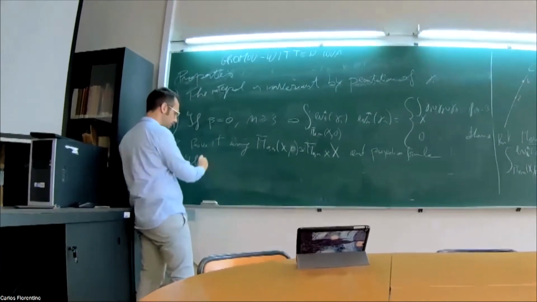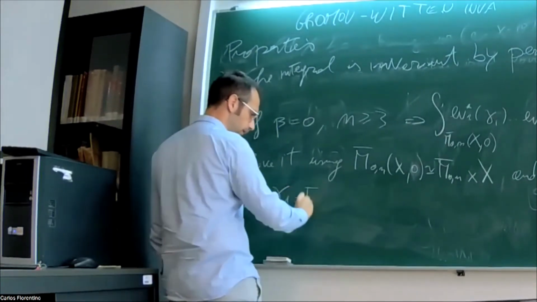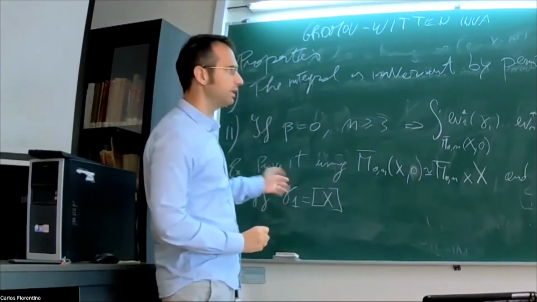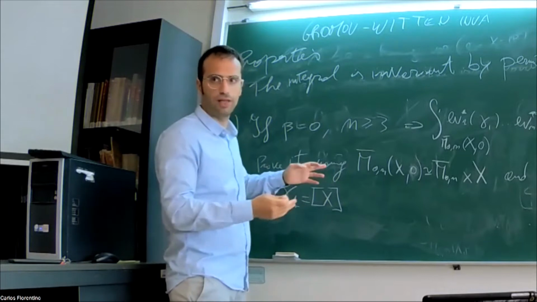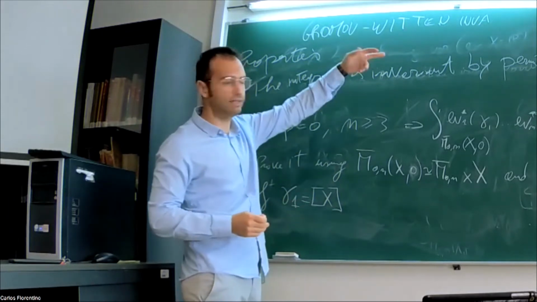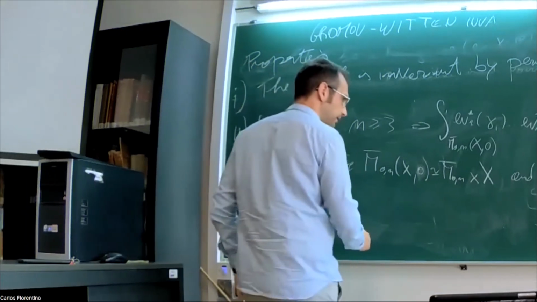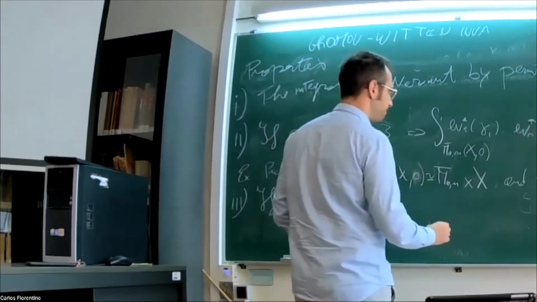If gamma 1 is equal to X, and when I say gamma 1, I mean any of them, because the integral is invariant by permutation, so I can suppose that it is the first one.